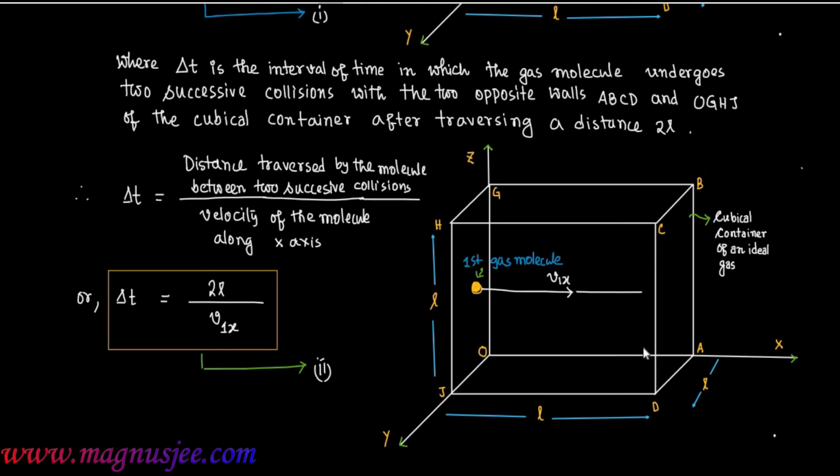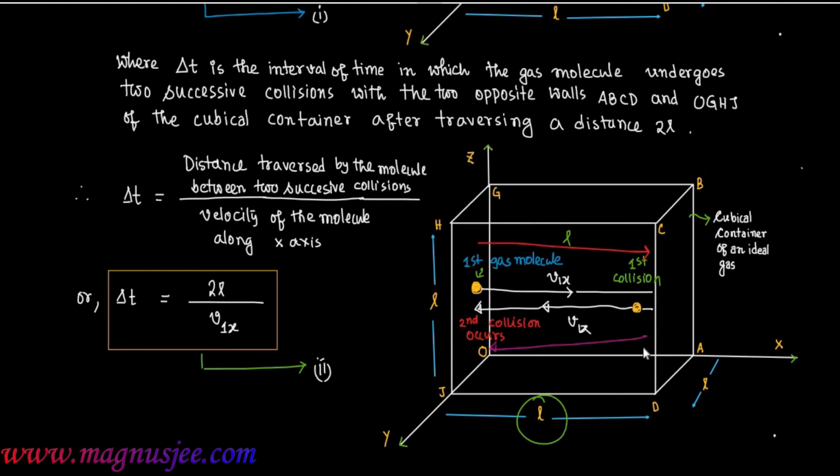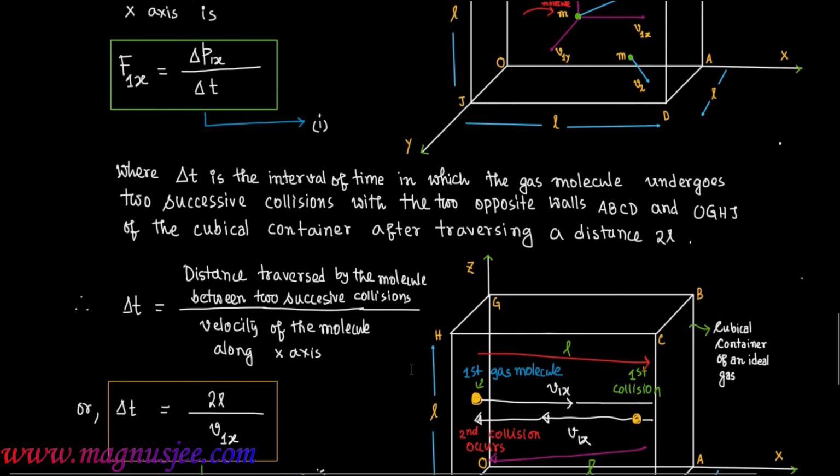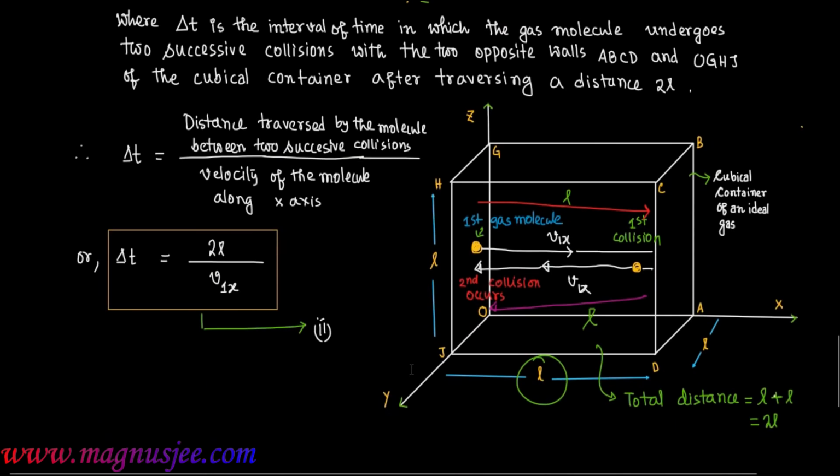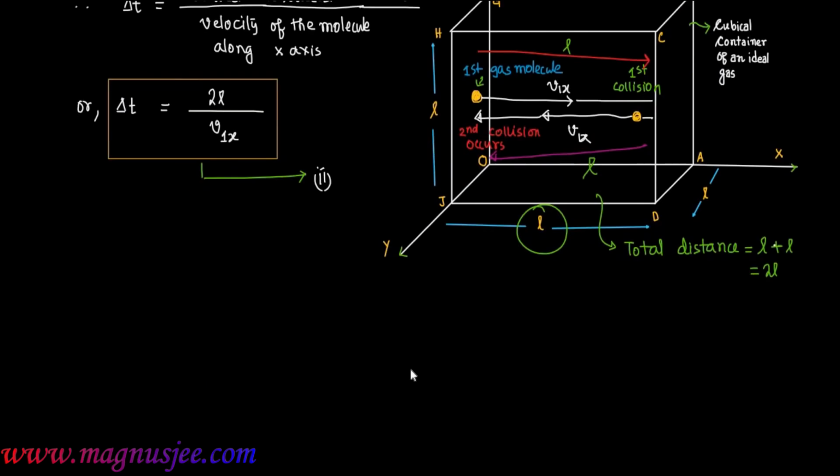The first gas molecule is traveling with the rectangular component of velocity V1x along the x-axis, and it undergoes first elastic collision with the vertical wall ABCD, and it will be reflected back with the same rectangular component of velocity V1x, and at this moment this first gas molecule undergoes second elastic collision with the vertical wall OGHJ, and the total distance traversed by this first gas molecule will be L plus L. L is the distance during forward motion, and L is the distance traveled by the first gas molecule after the reflection to reach the same wall OGHJ after the first elastic collision.